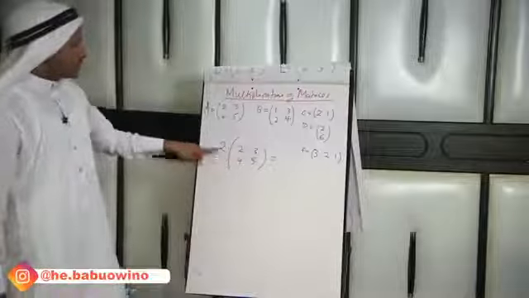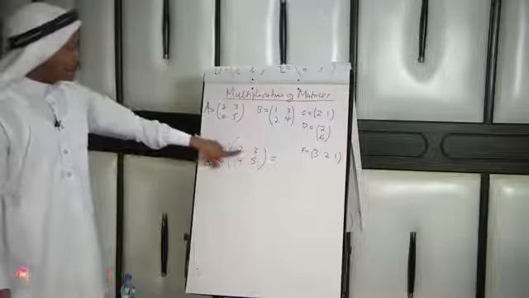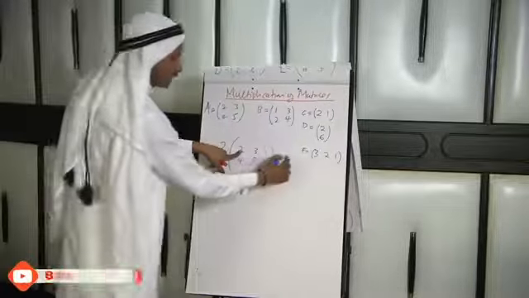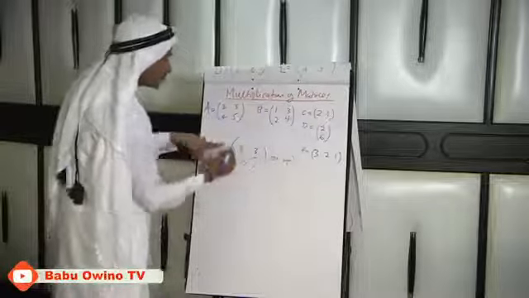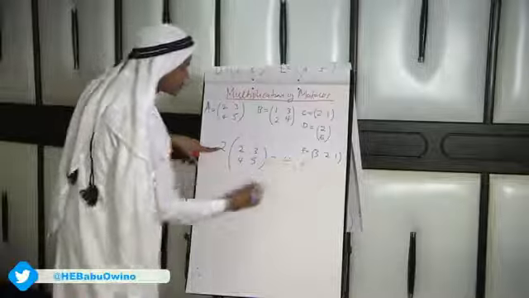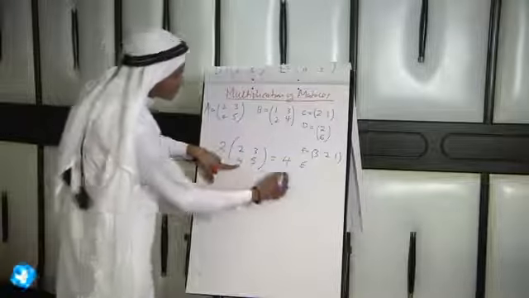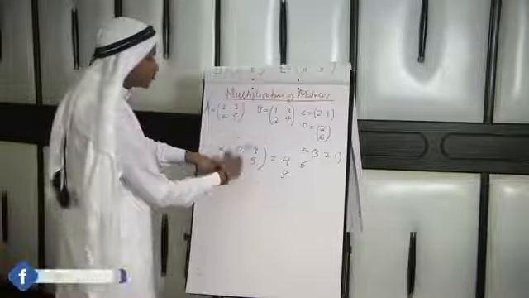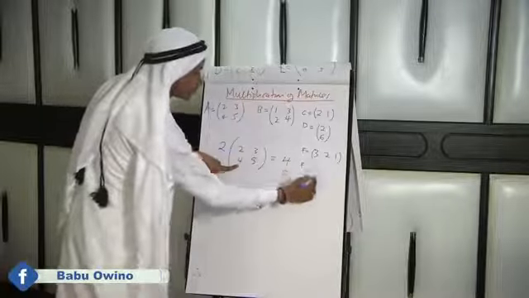You simply take the scalar and multiply by the first element. 2 by 2 is 4, then 2 by 3 is 6, then 2 by 4 is 8, then 2 by 5 is 10.